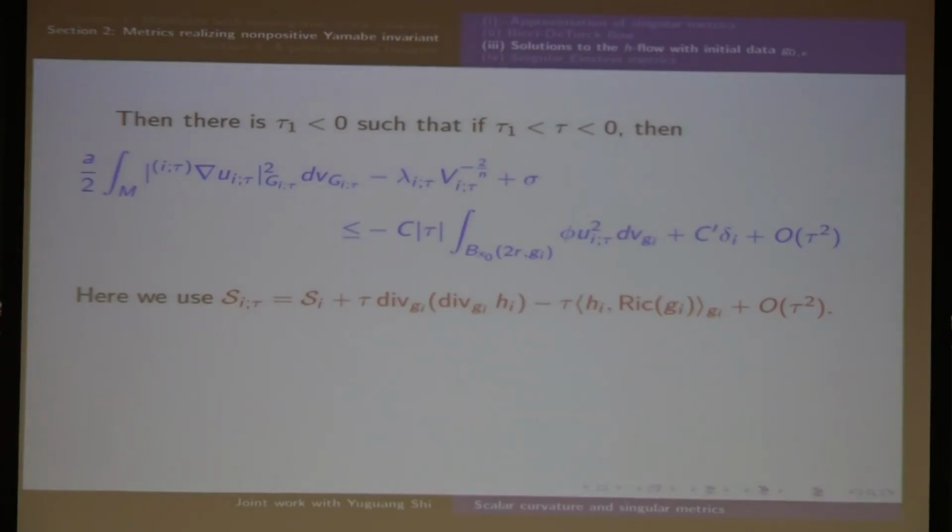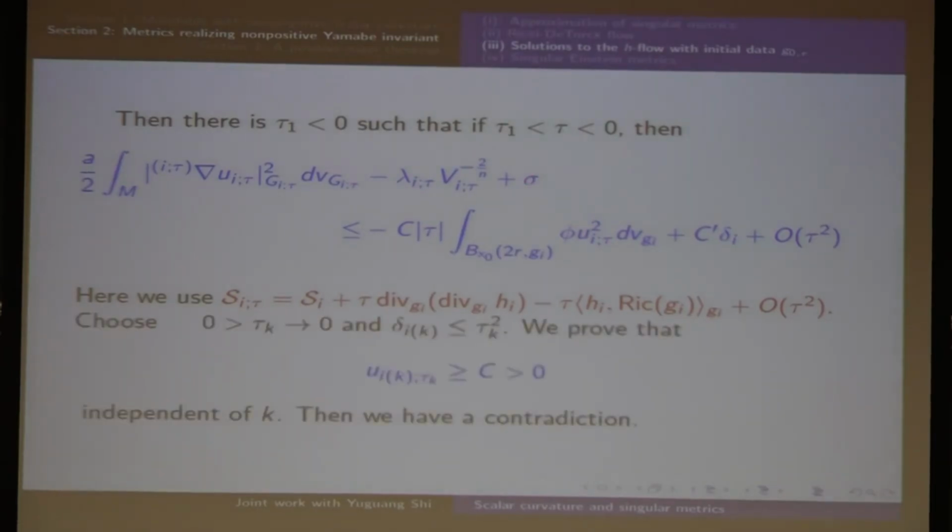So finally, we have this inequality. This goes down to 1 plus tau squared, and this one is less than sigma. Therefore, we will have a contradiction if we first choose tau k tends to 0, and then we choose delta I k less than or equal to tau k squared.